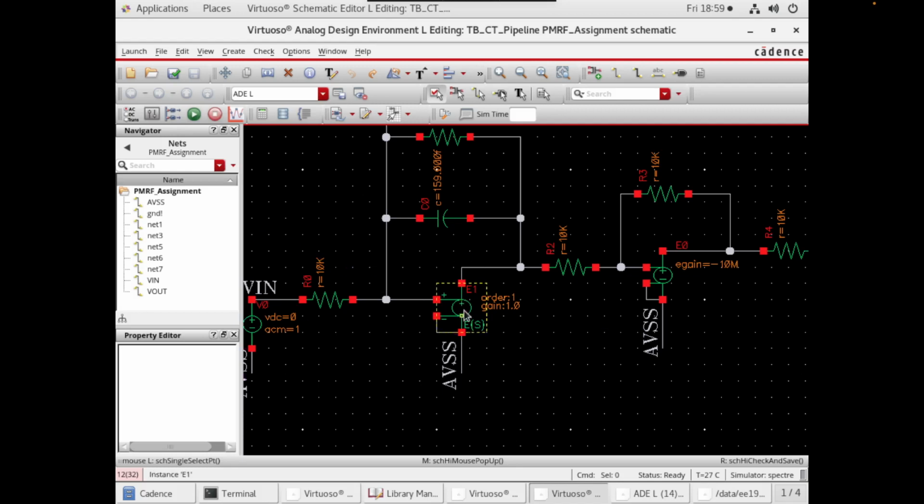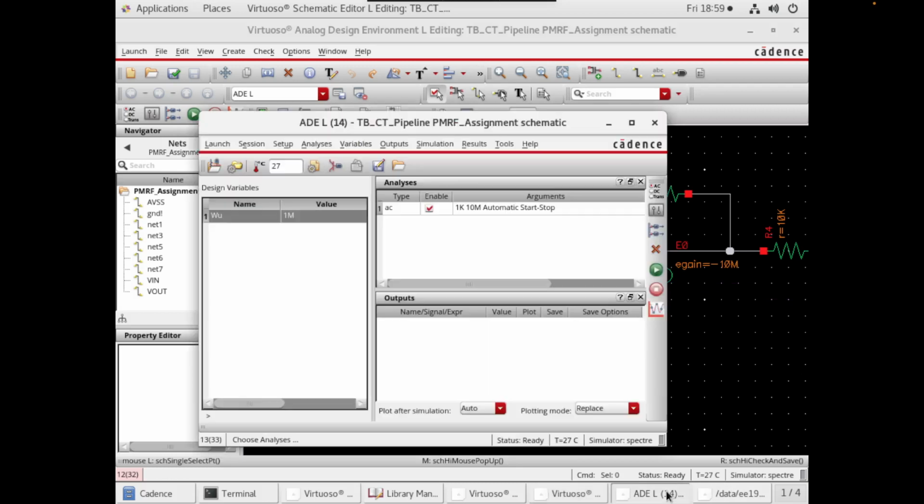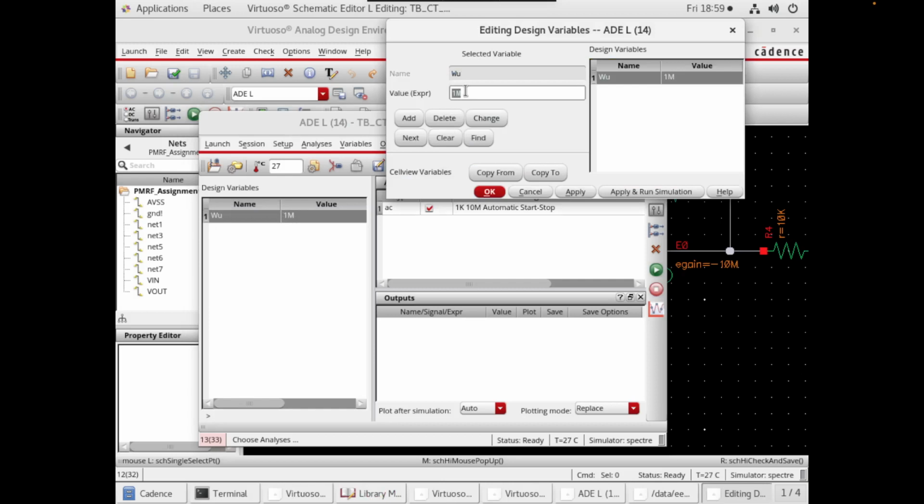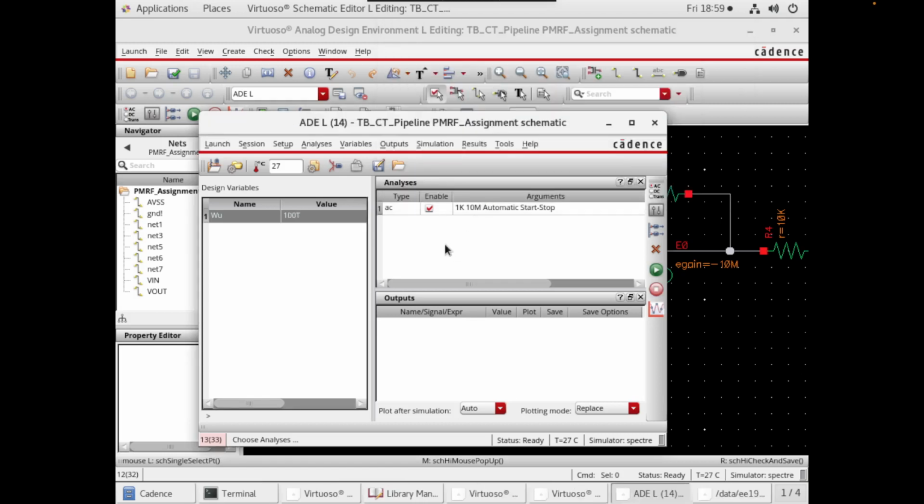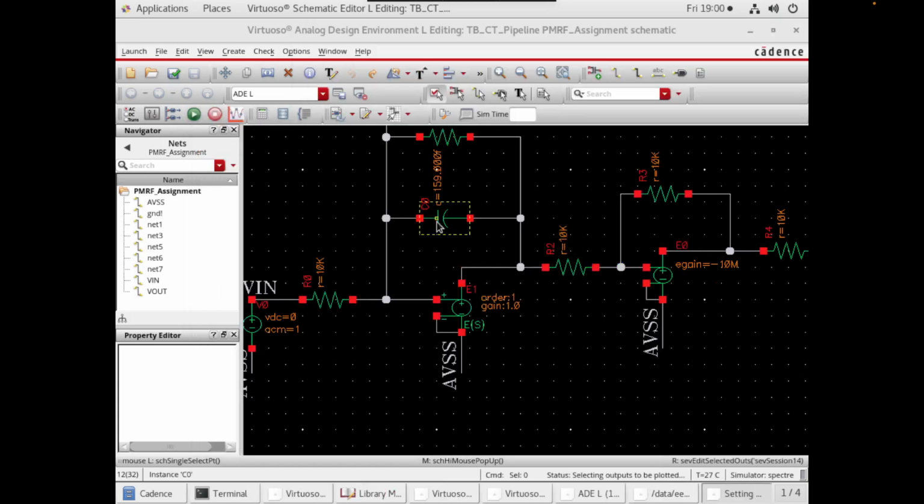In my case I have this VCVS, so I'm using this, like I have implemented. I can put some value of omega u over here and get the intended quality factor. So first of all, let's put it at some insanely high value, so that we can show what is the ideal transfer function, and run the simulation.